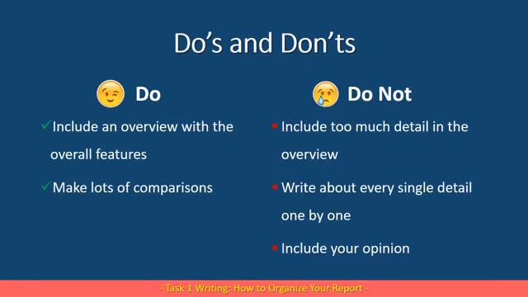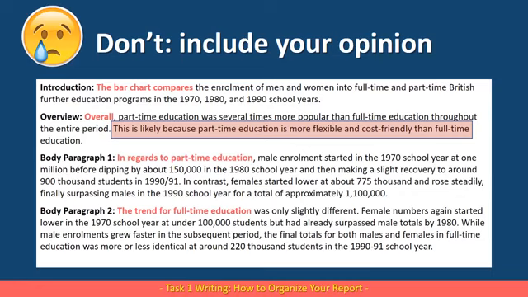Finally, don't. We have one more don't. Don't include your opinion. This is a report. It's not about your opinion. You can save your opinion for writing task 2. For writing task 1, I just want you to tell me what is on the page. What does the data say? All right, so for example, what you shouldn't do, don't do this, is in your overview, overall part-time education was several more times popular than full-time education throughout the entire period.